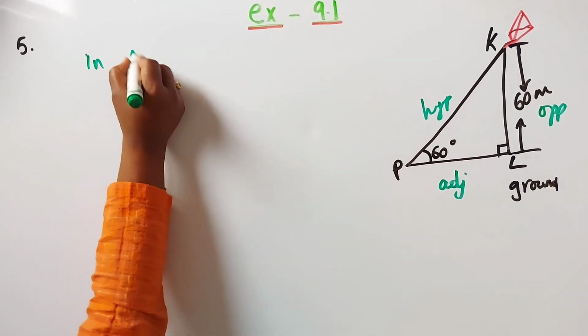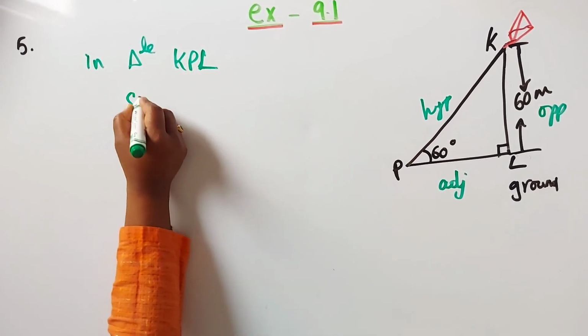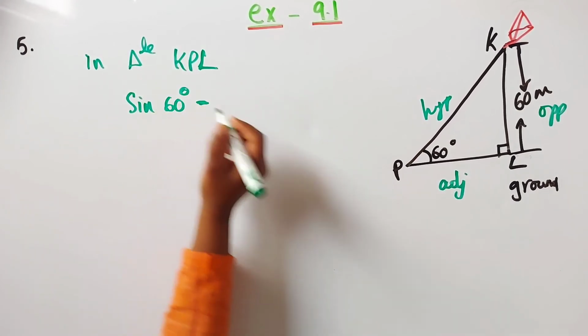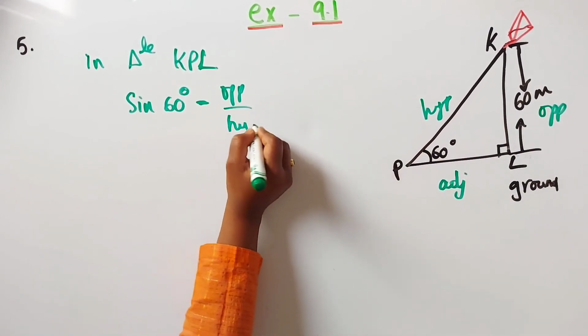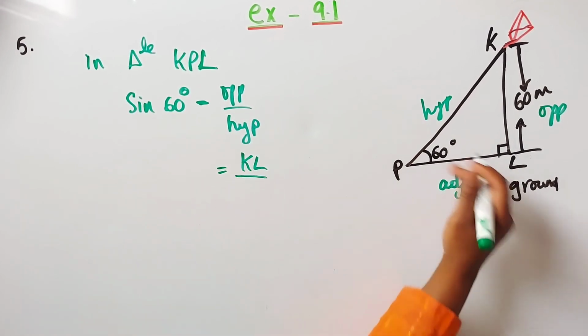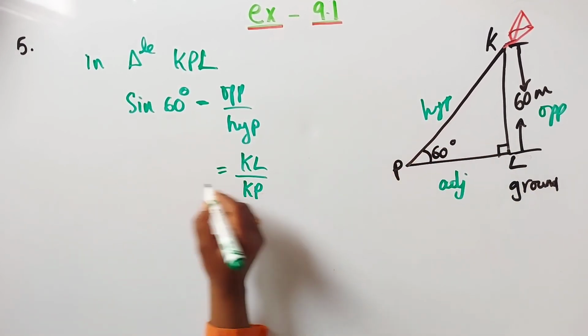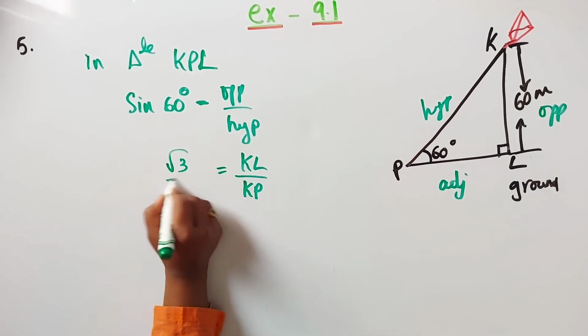So in triangle KPL, sine 60 degrees is equal to opposite by hypotenuse, children, that is equal to KL divided by hypotenuse KP, which we have to find out, and sin 60 is equal to root 3 by 2.